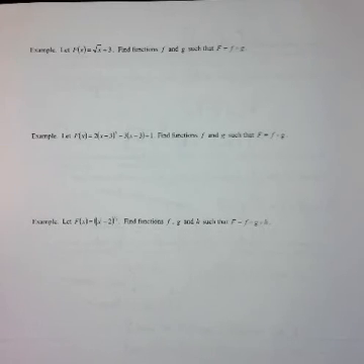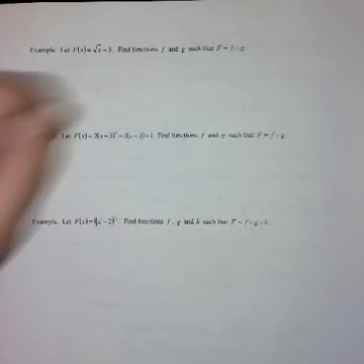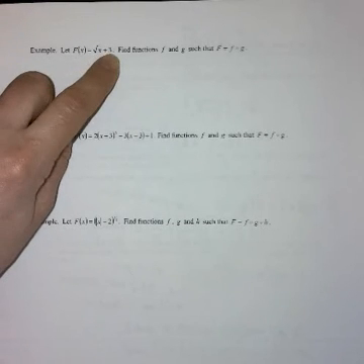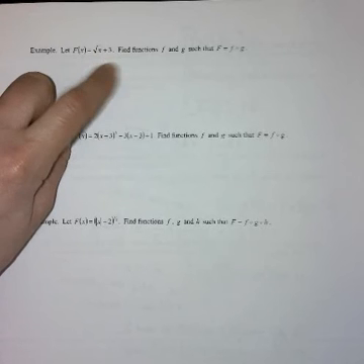In this next set of examples, we're going to take a function and see if we can dissect it and write it as a composition of two or, in the last example, three functions. So we want to look at this here and say, can we think of this as a function inserted into another function?